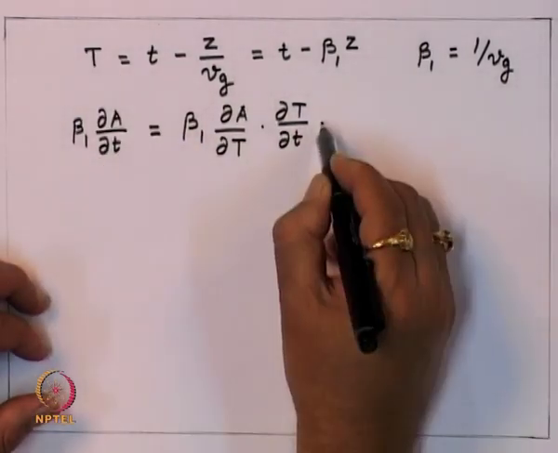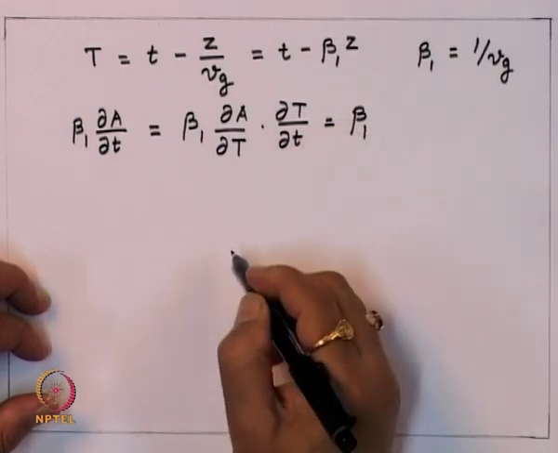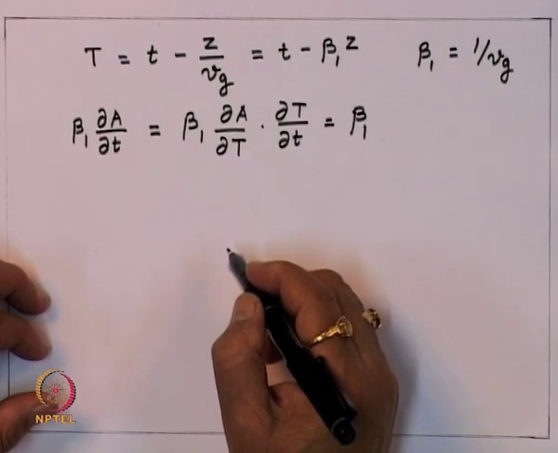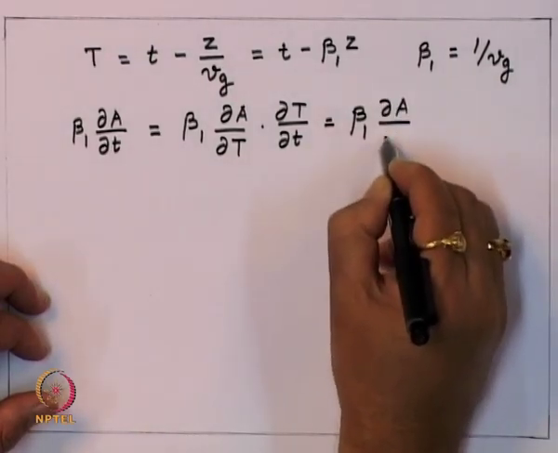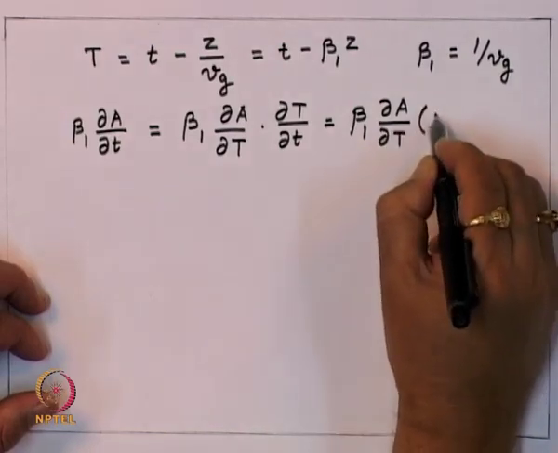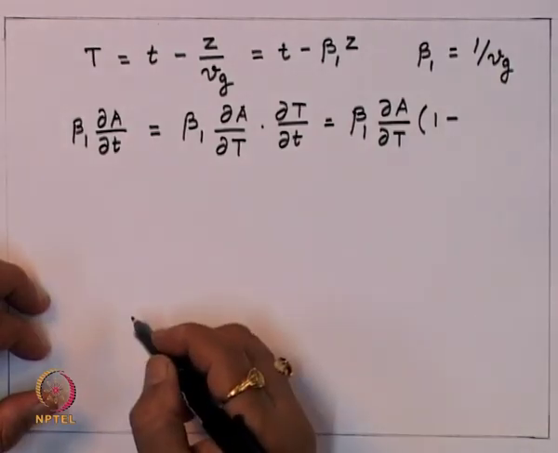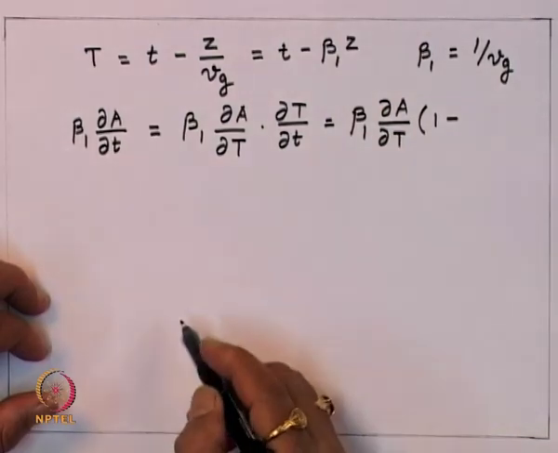And from here you can write this as beta 1 dA by dT into 1 minus dz by dt, which is nothing but group velocity.